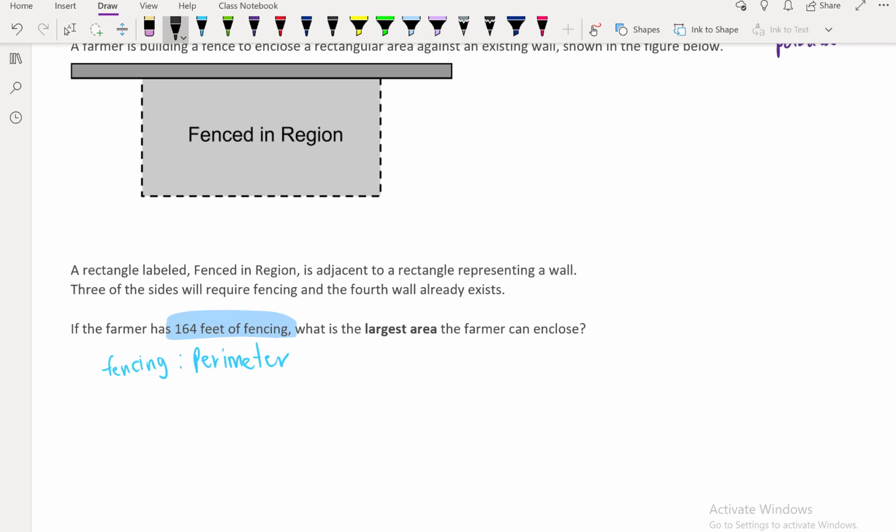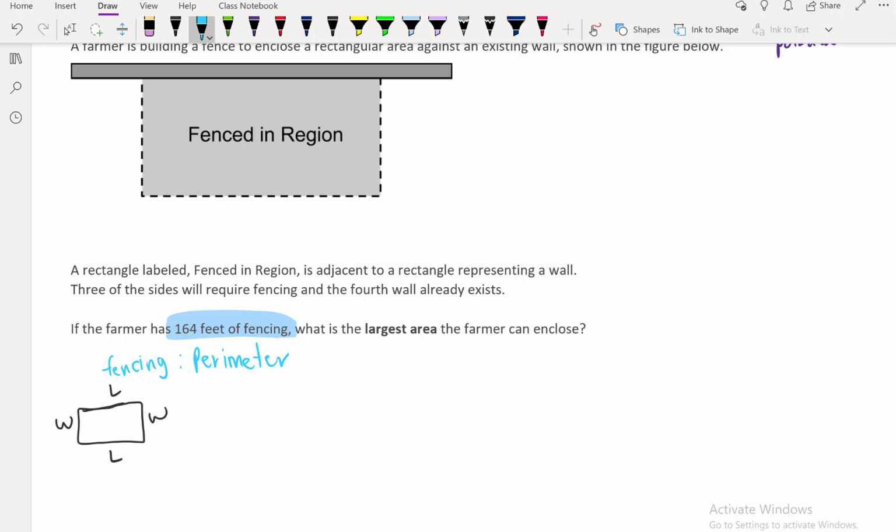So let's think about this for just a second. If I were to have a regular rectangle where I have a width, length, width, and length, that would be a perimeter of a rectangular area.